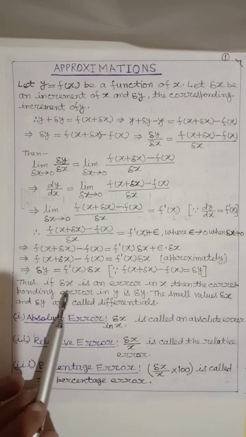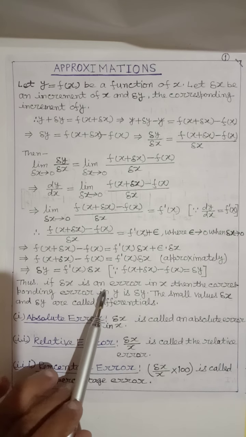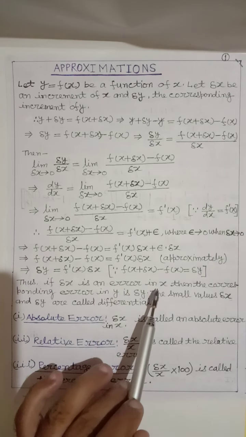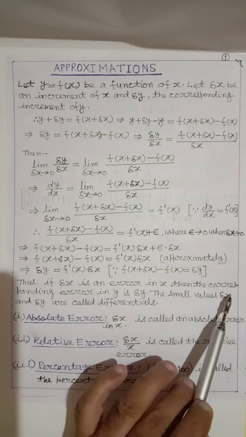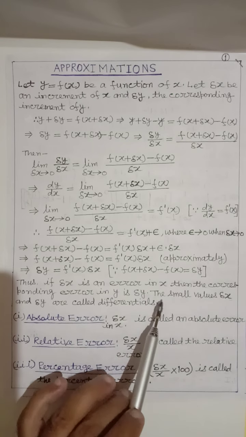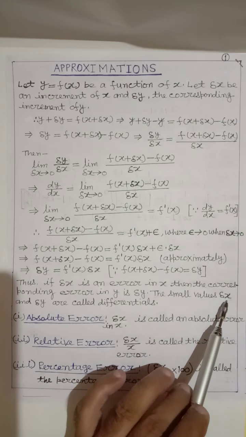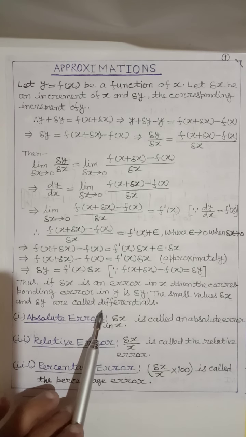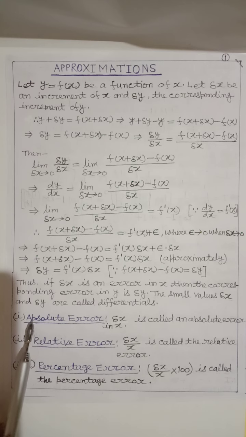Thus, if del x is an error in x, then the corresponding error in y is del y. The small values del x and del y are called differentials. There are some errors which we will discuss here.